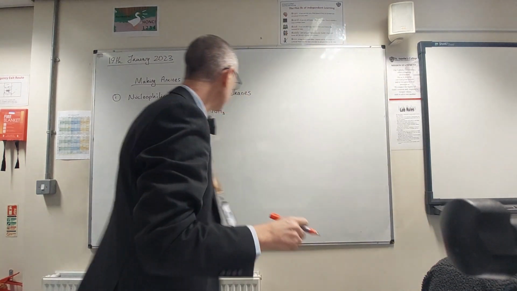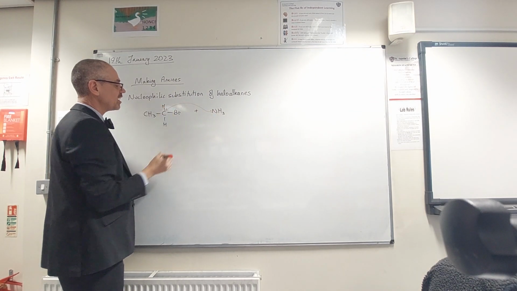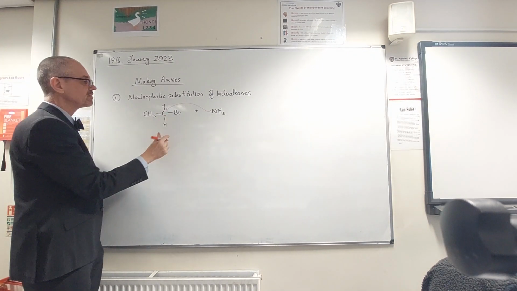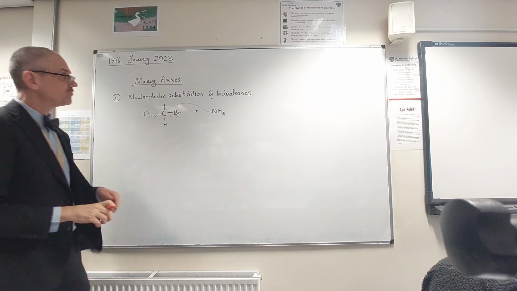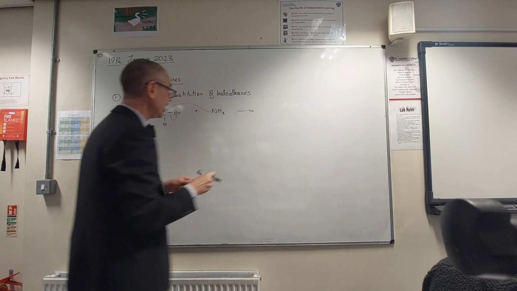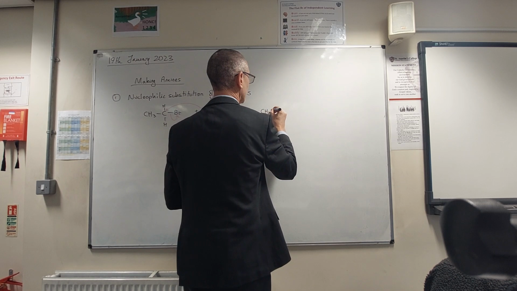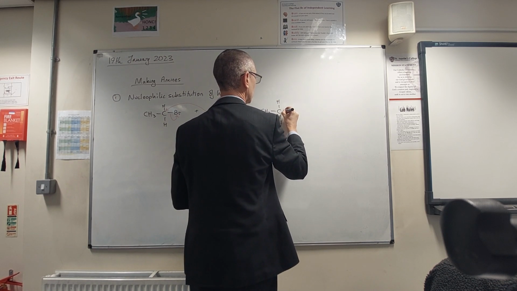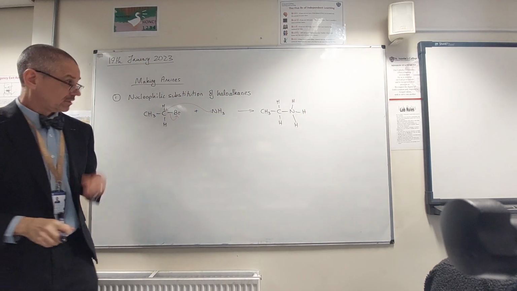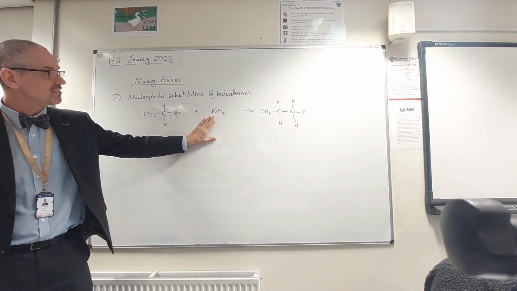Okay, let's run through this. So, lone pair on the nitrogen kicks us off, attacks the carbon because it's delta positive, because of the electron withdrawing bromine next door, and then the bromine leaves, making a space for the nitrogen to come in, but we're not finished yet because nitrogen had 3 bonds, and it's got 4.